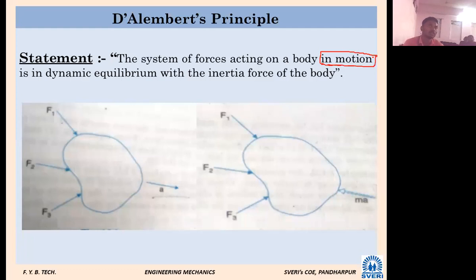D'Alembert's principle: the system of forces acting on a body in motion is in dynamic equilibrium with the inertia force of the body. So what? One more word comes into the picture, that is equilibrium, which is our chapter.